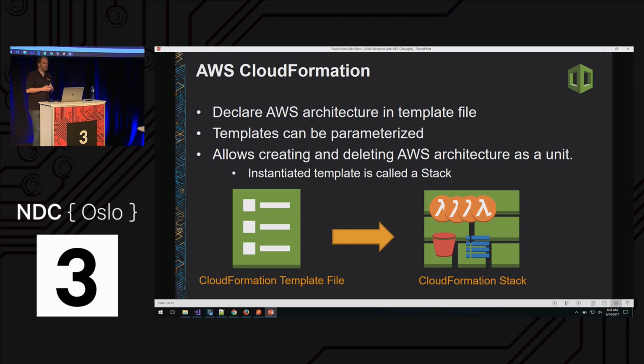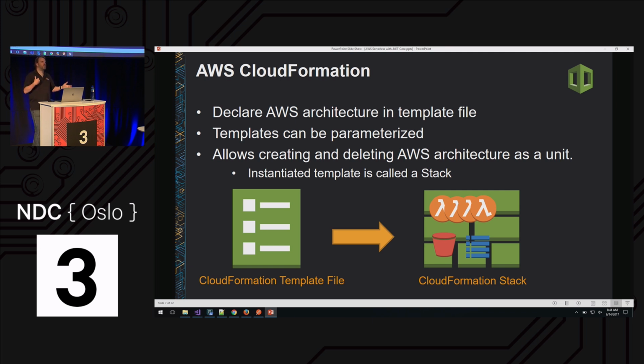And then there's AWS CloudFormation. You will most likely use this service as your serverless application gets more sophisticated, because you're going to have other AWS resources you're connecting to, and you've got to keep track of all those events that you want to set up. With CloudFormation, you can define your whole AWS architecture as a template file, which is usually a JSON file, that can be parameterized, and that allows you to just say, hey, CloudFormation, go create me this AWS stack.